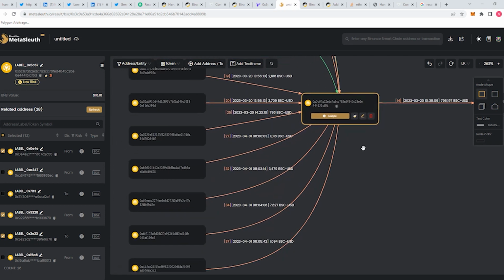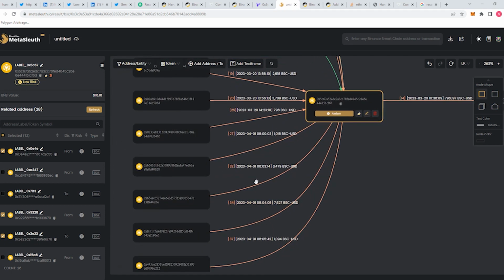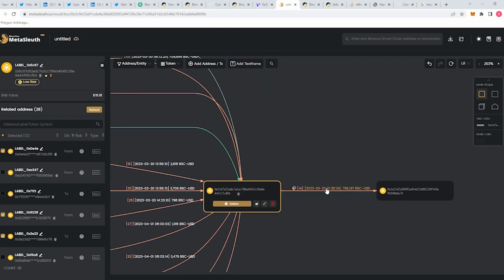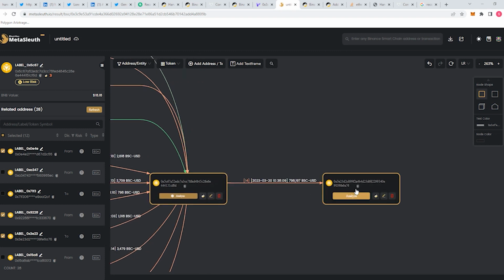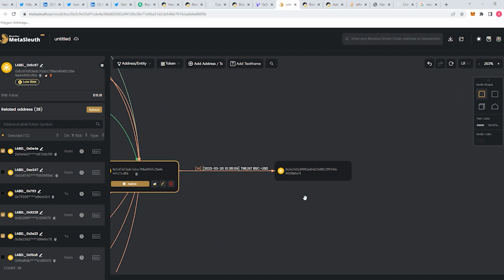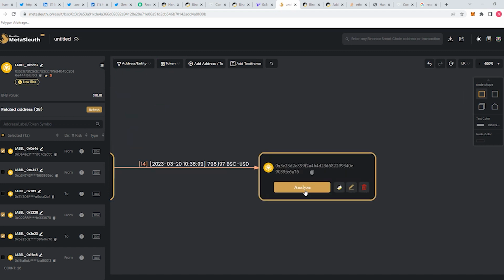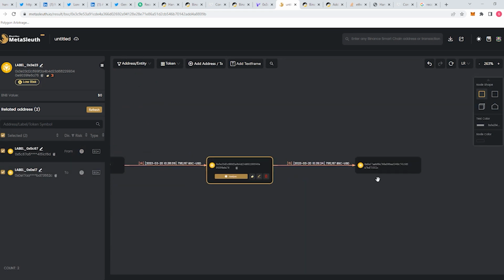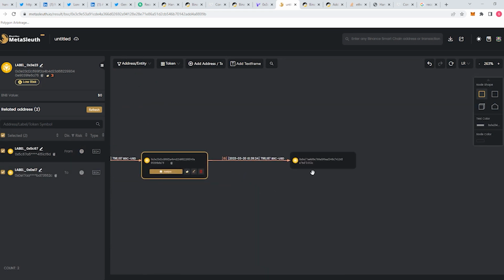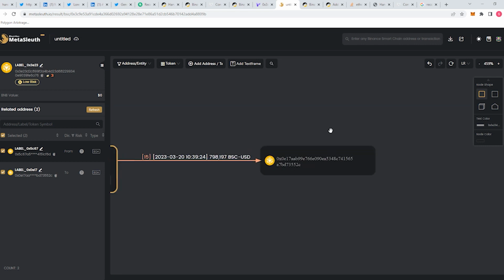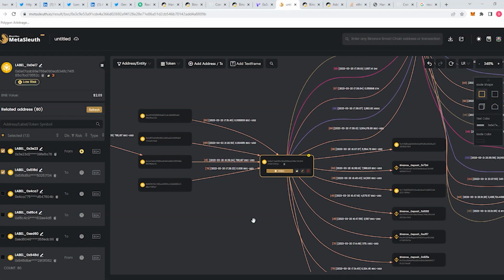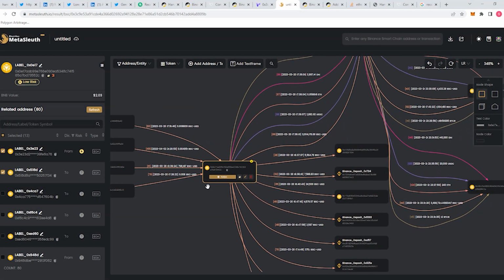So we also see that a lot of other cash has come into this and leaves from this wallet as one large transaction on the 20th into the 3E23D wallet, which also moves on to another wallet through a single transaction of 0E17. You can see that it now starts to split up.